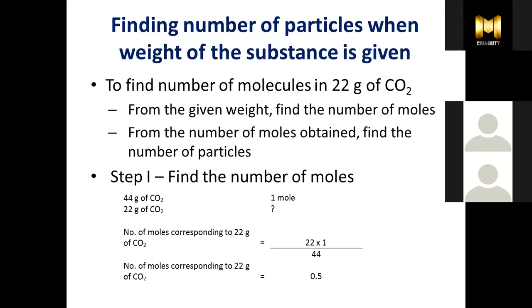So the first step is, from the given weight, find the number of moles. As we know, 44 gram of carbon dioxide corresponds to 1 mole. So 22 gram of carbon dioxide corresponds to how many moles?